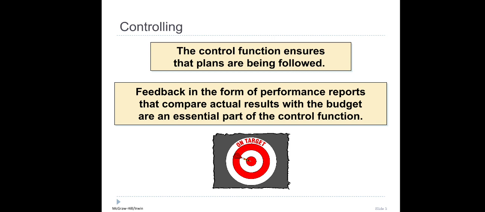Controlling means the manager has to make sure that the things that are done are the same as the things that have been planned. The basic way to do the controlling activity is to compare the actual result or actual data with the plan or budgeted data.